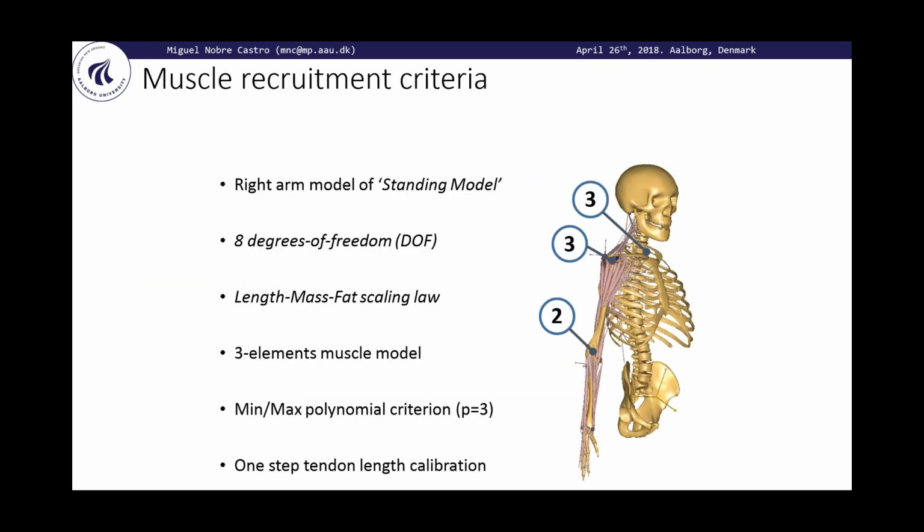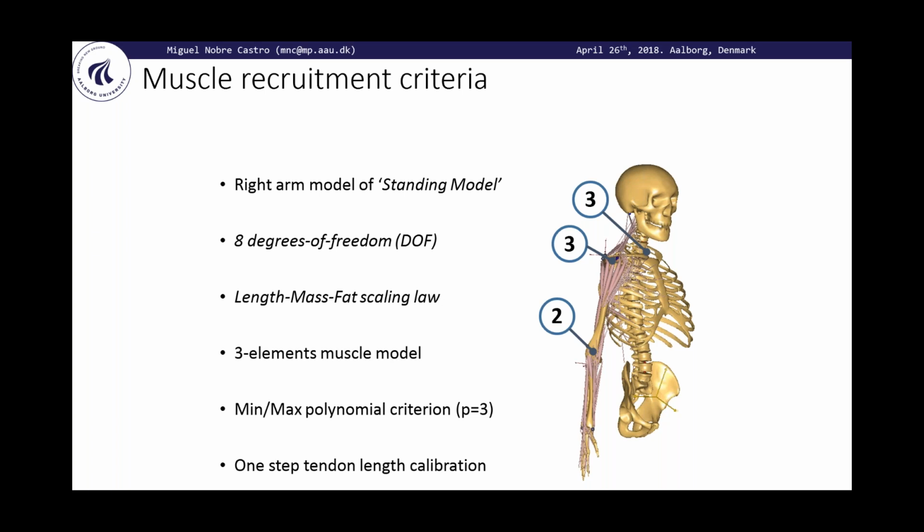The model we resort to is a right upper extremity model that comes from the standard standing model. It has 8 degrees of freedom, as I'm showing here: 3 for the sternoclavicular joint, 3 for the glenohumeral joint, and 2 for elbow flexion and pronation. Wrist motion was disabled in this case because it was not so relevant to answer our question.